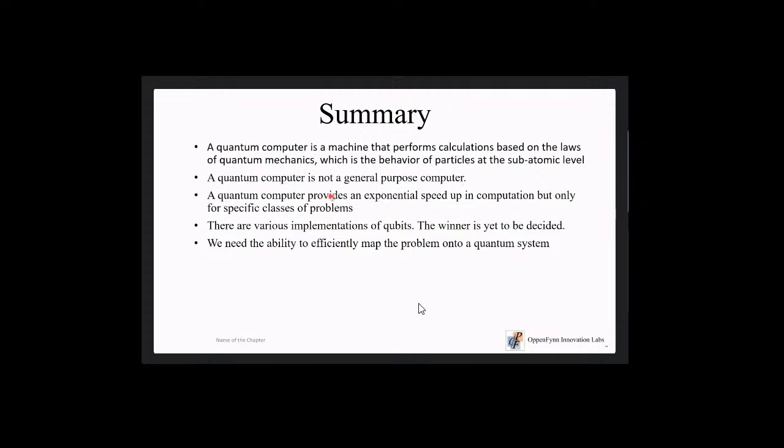A quantum computer provides an exponential speed up, but only for specific classes of problems. A broad range of these problems are optimization problems, because most of these operations are just electrons settling down to their minimum energy state. So these map very well to optimization problems.